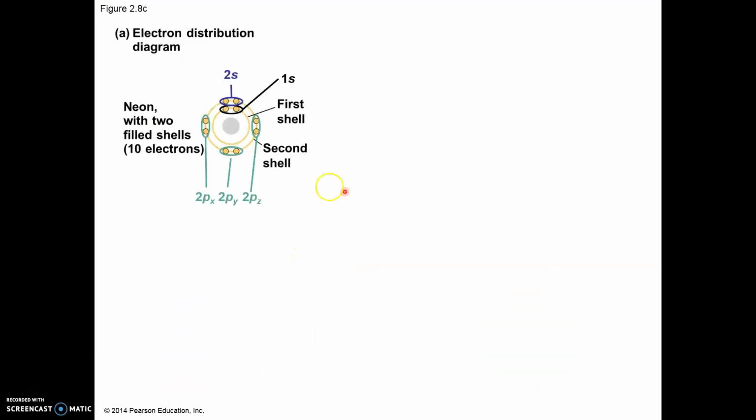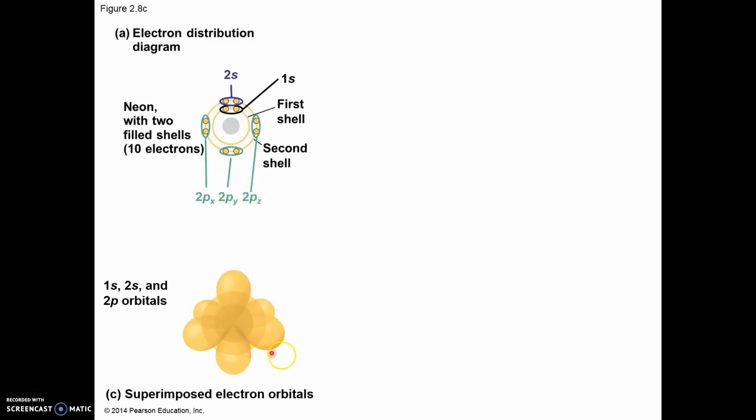Okay. So just to remind you, we have this outer valence shell. It has these pairs of electrons in the 2s orbital, in the 2px, the 2py, the 2pz. And these outer valence electrons are what's interacting with the world around it. Okay, it's what touches everything around it.